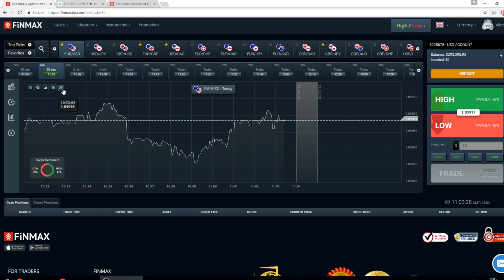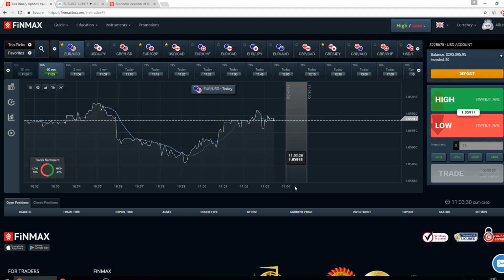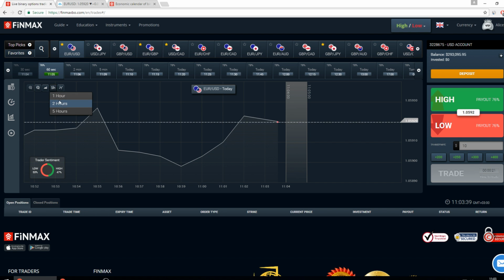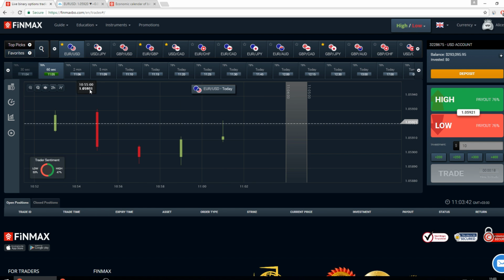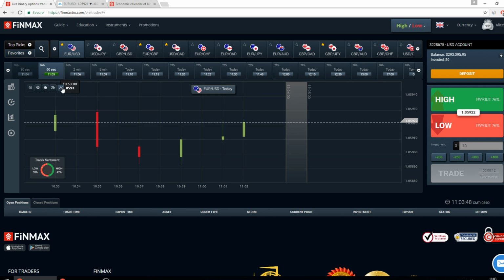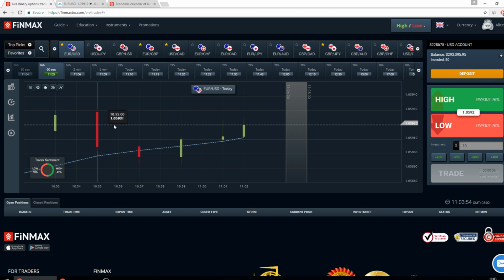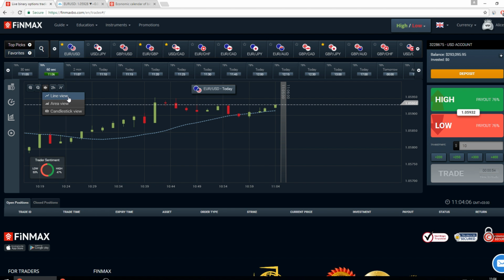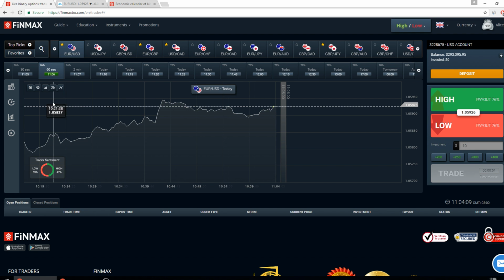On the Finmax platform, you can add this indicator to the chart. You can add it based on the view that you're using to show you changes in price on the platform: candlestick, line view or area view, depends on you.